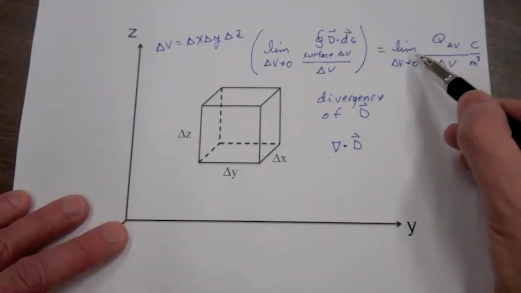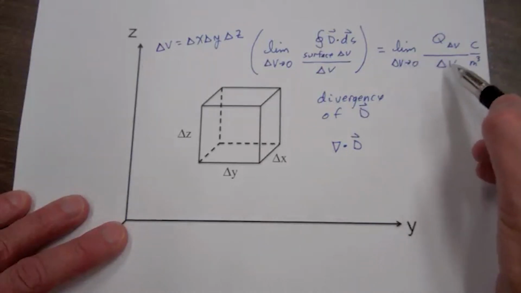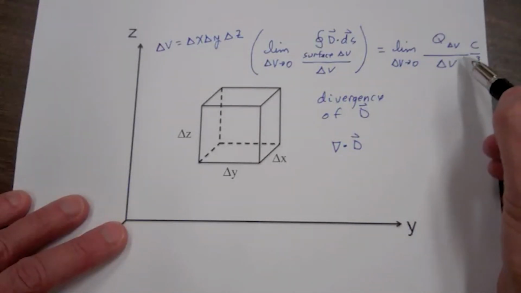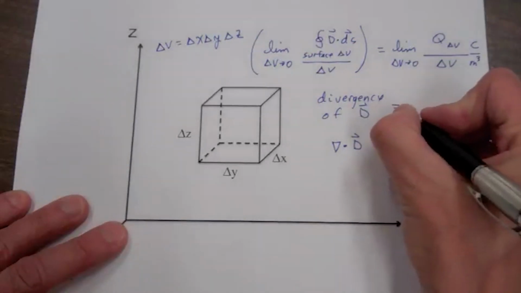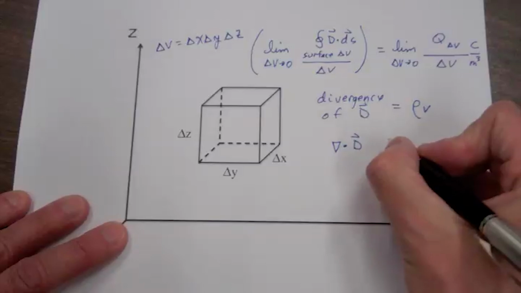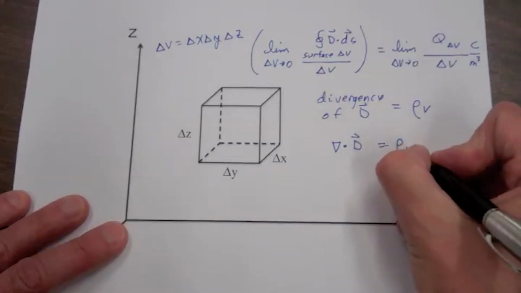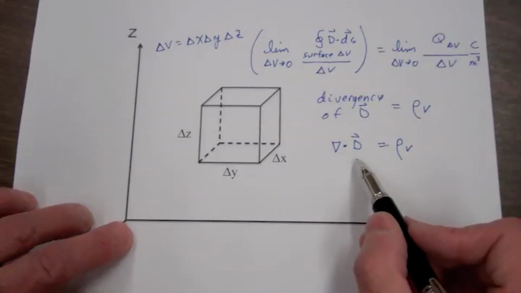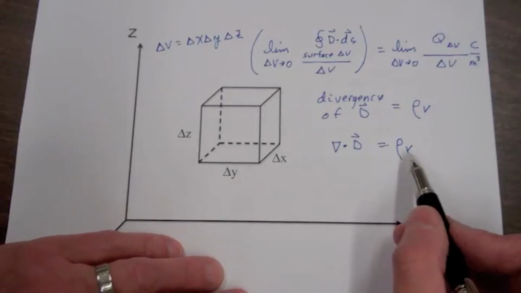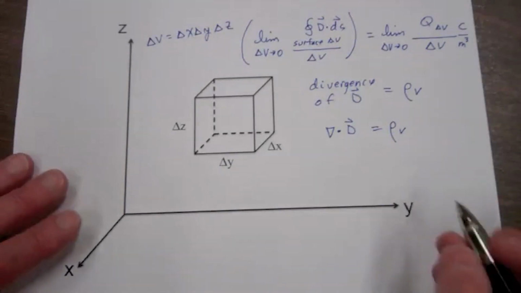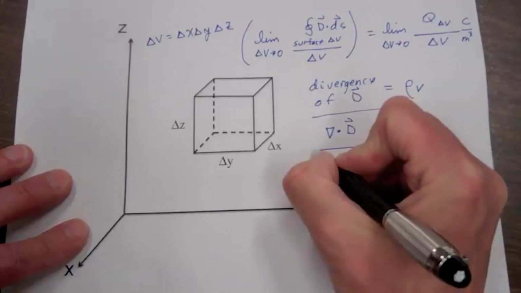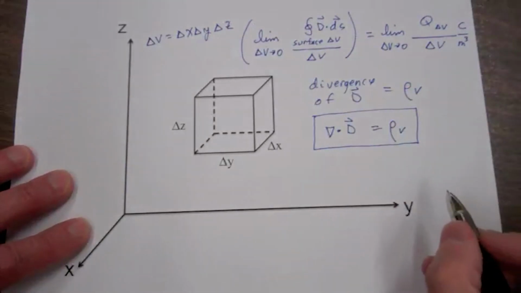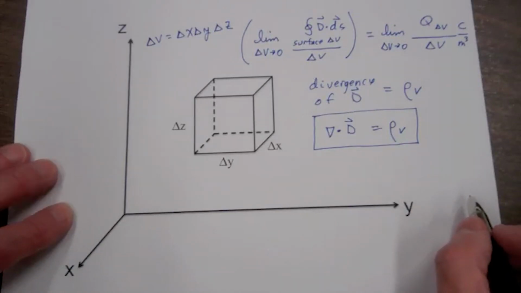So as the limit of delta v goes to 0, this is just the charge density at a point. That's just our volume charge density, rho sub v. Okay, so the divergence of D is equal to the charge density.